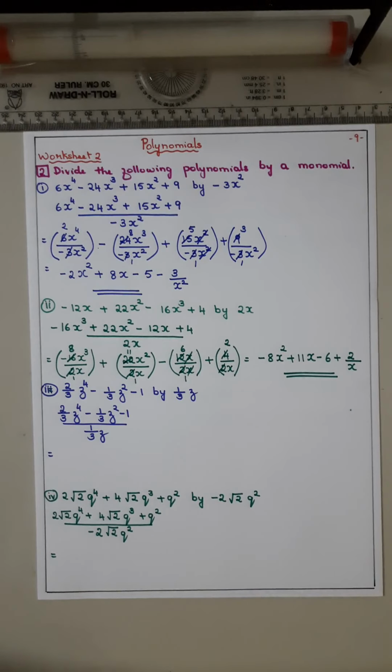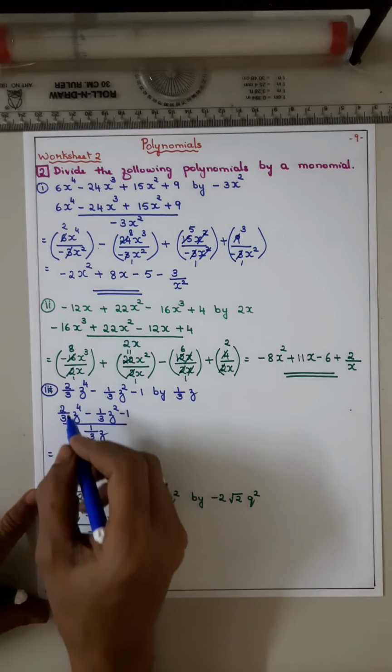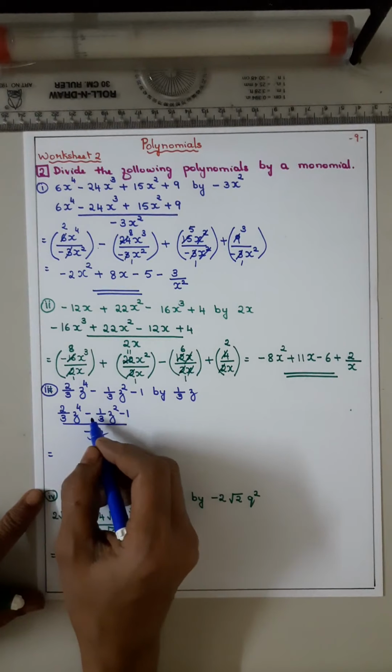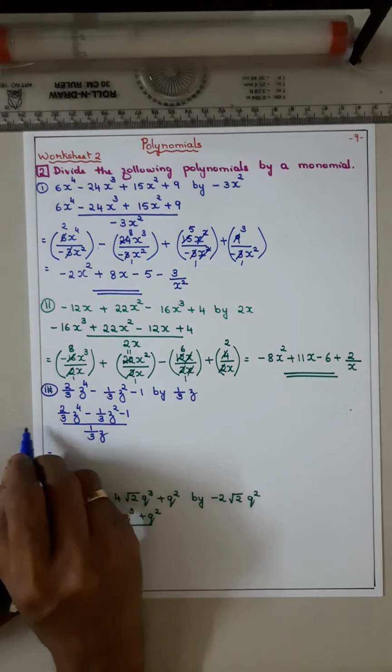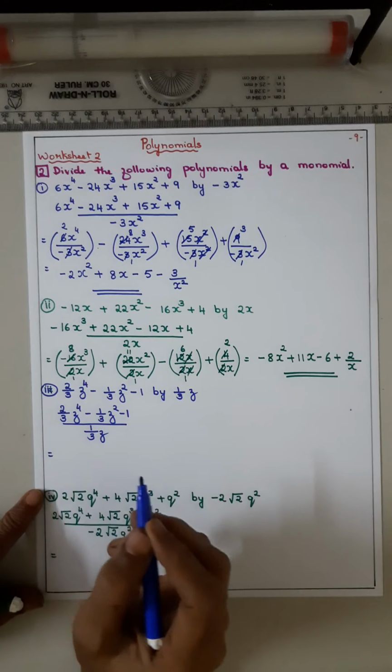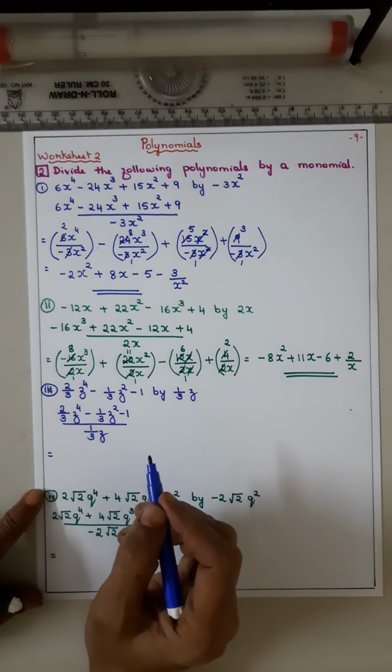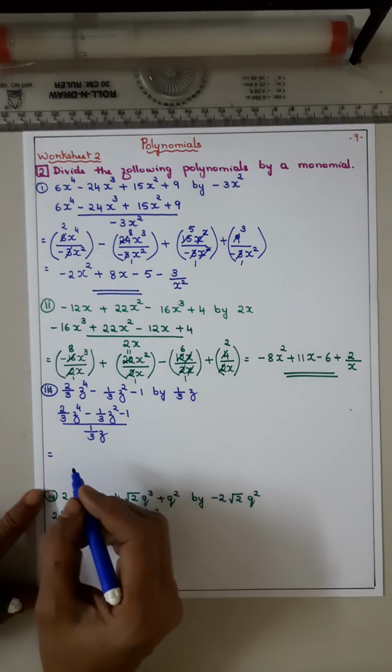Now coming to the third sum: minus 2 by 3 z to the power 4 minus 1 by 3 z squared minus 1 divided by 1 by 3 z. So how here we have to do?